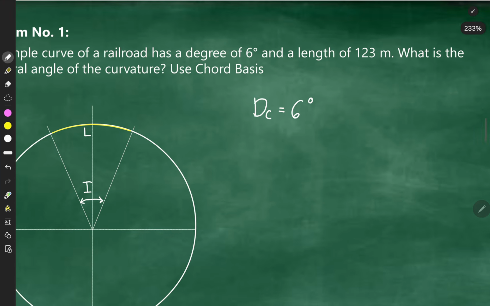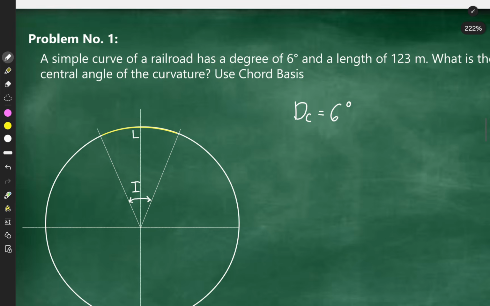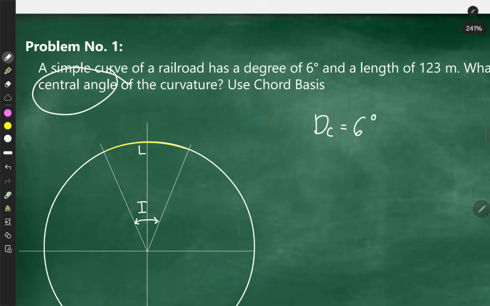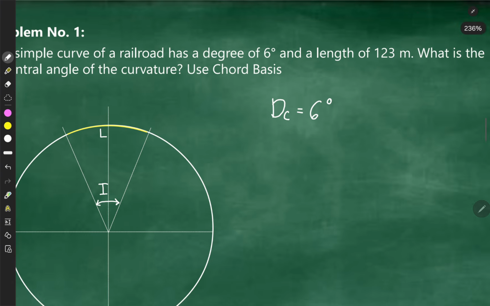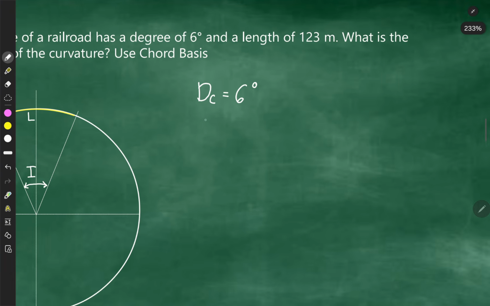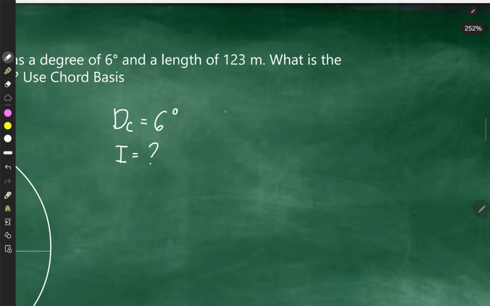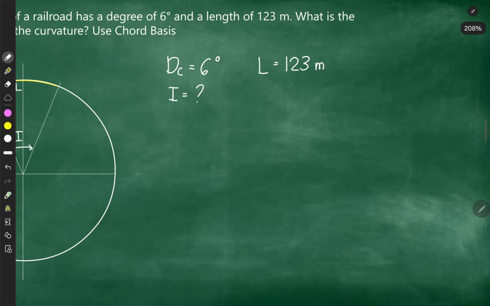And what we are going to solve here is the central angle of the curvature, I. And we also have this length of curve, which is 123 meters. So let's solve this using chord bases.